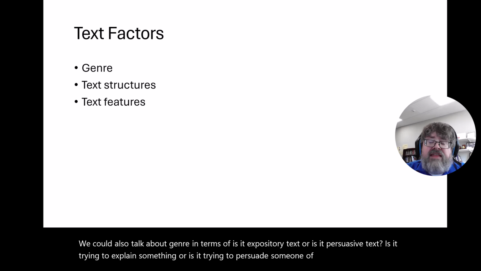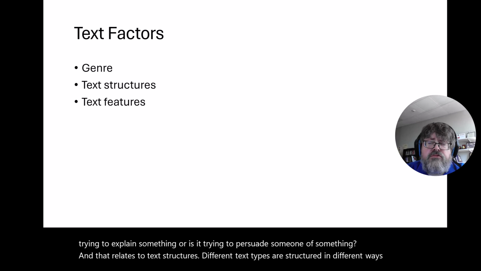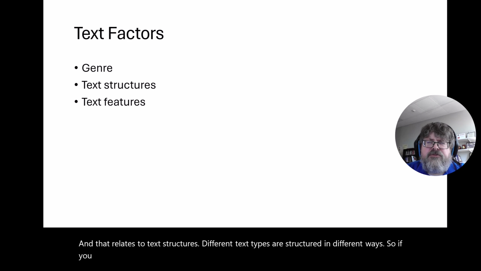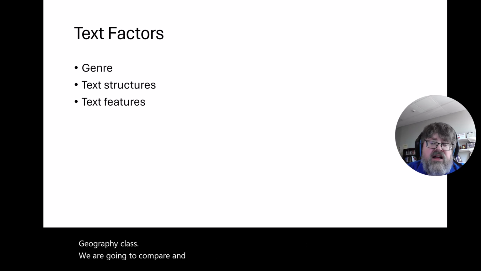And that relates to text structures. Different text types are structured in different ways. So if you see something that is, for example, comparing and contrasting two countries in a geography class, we are going to compare and contrast in this article Nicaragua and Panama.